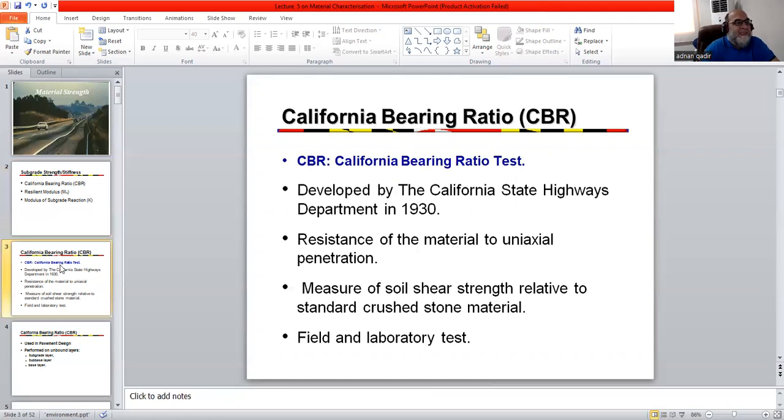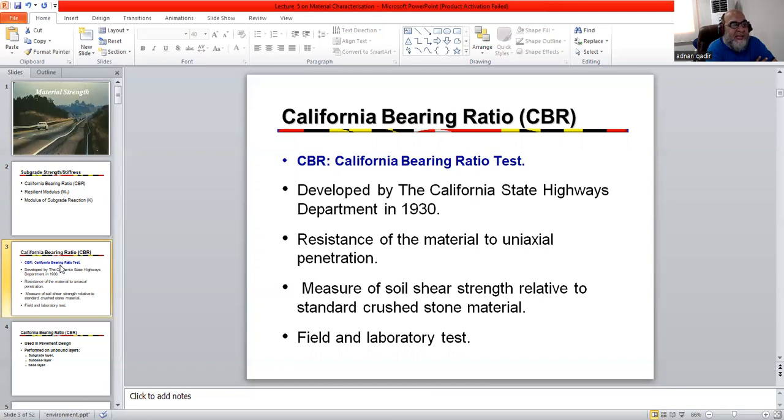So, what is California bearing ratio? California bearing ratio, as the word suggests, is a ratio between two similar properties. And these similar properties are obviously the strength of a soil to the strength of a standard soil that is needed for pavement design.